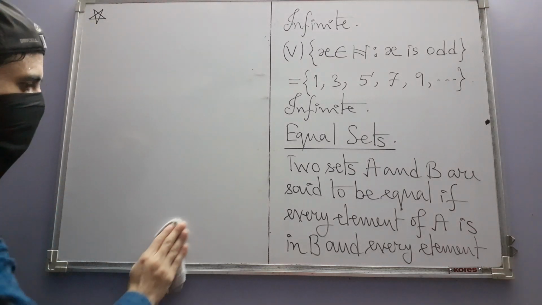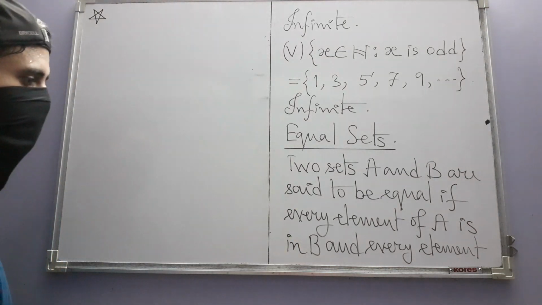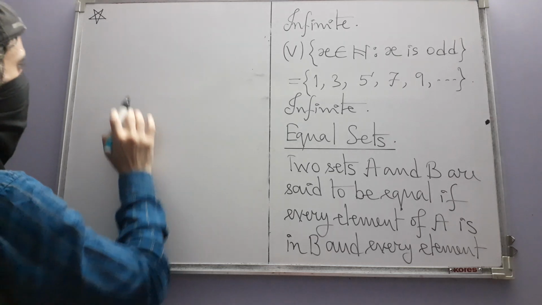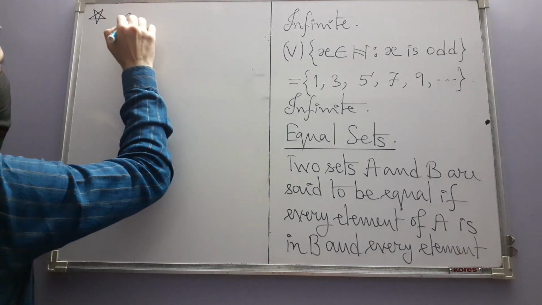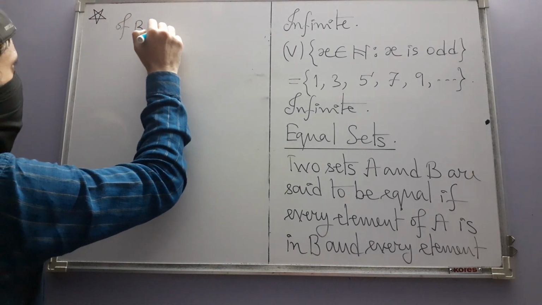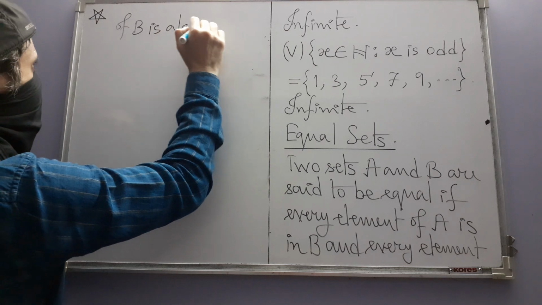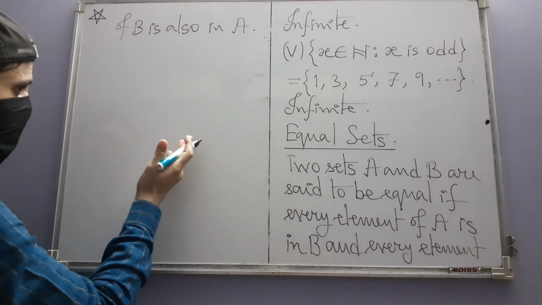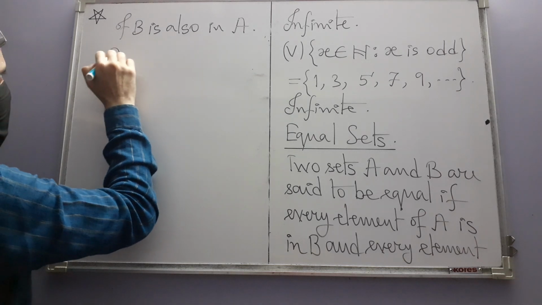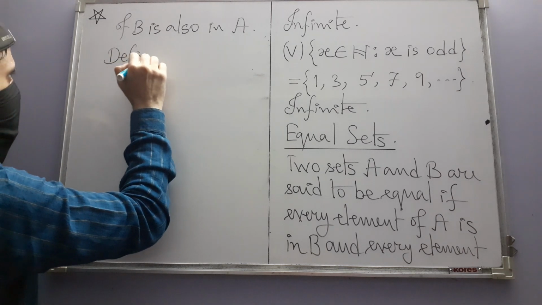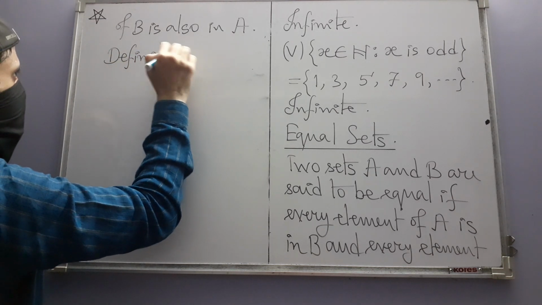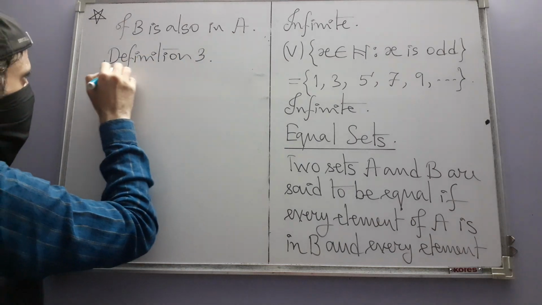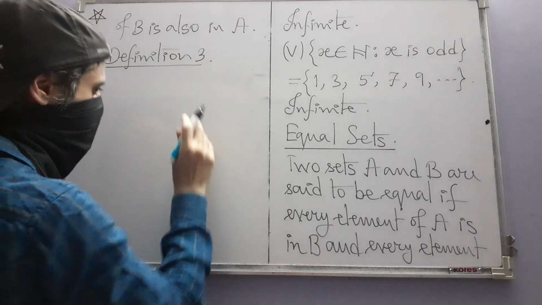And a way of expressing that is this: every element of A is in B and every element of B is also in A. And an easier way of saying this is in this next definition of the same thing.